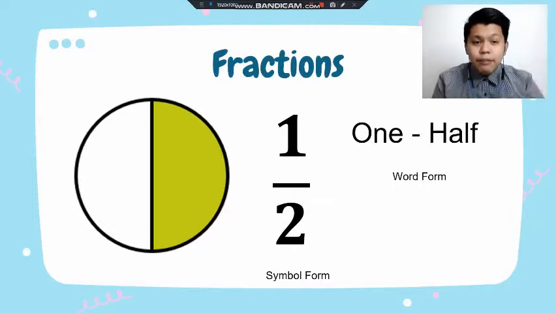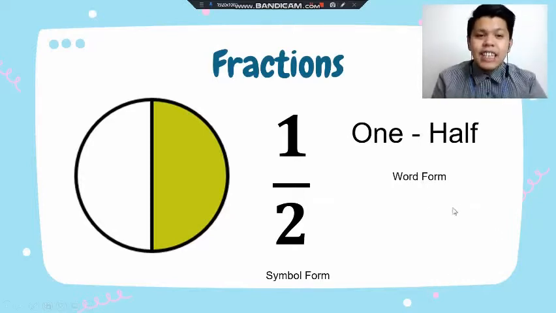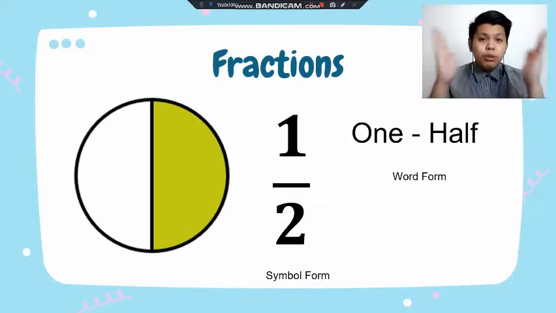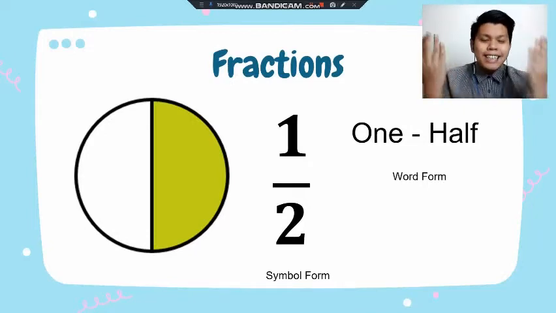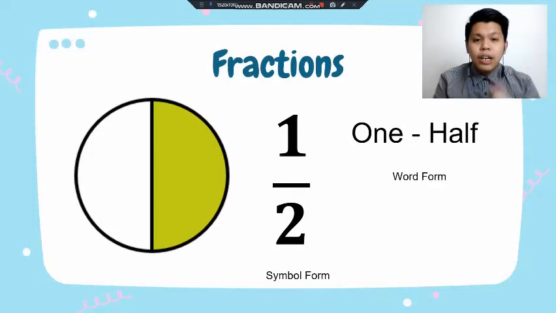Remember, never forget the dash. That is important. If you write in word form and it has no dash, you will get the wrong answer. Now, why is it one half? Because remember our activity before where you folded a paper into two? You exactly folded into half. That's why it's one half. Is that clear?